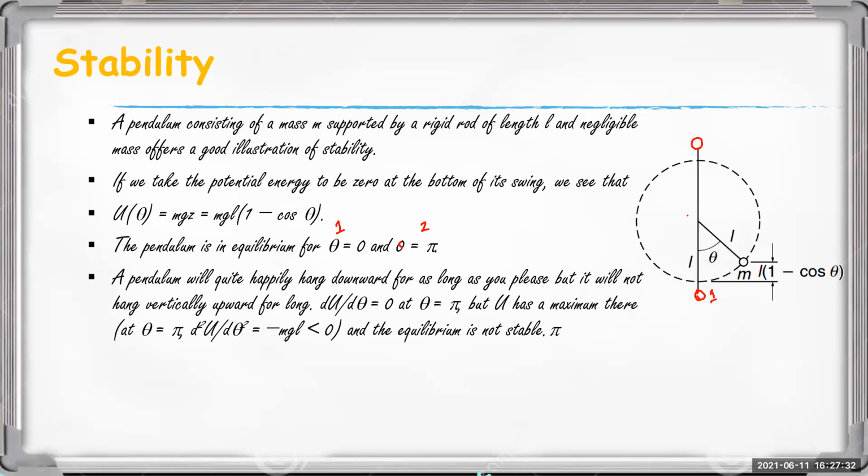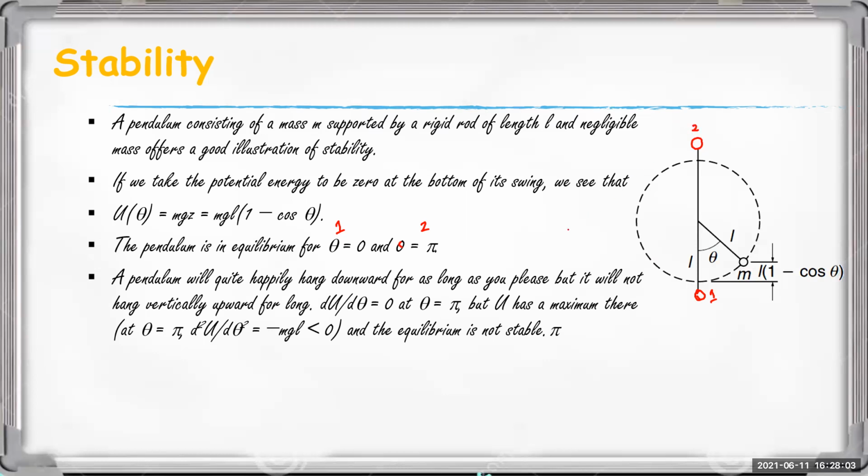This pendulum is made by a rigid rod of negligible mass, with a small mass m. So it cannot be vertically upward for long time. Then at that point, that is theta is equal to pi, it is the second case.